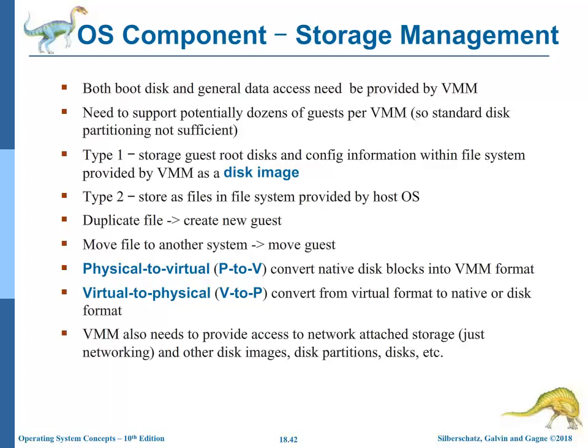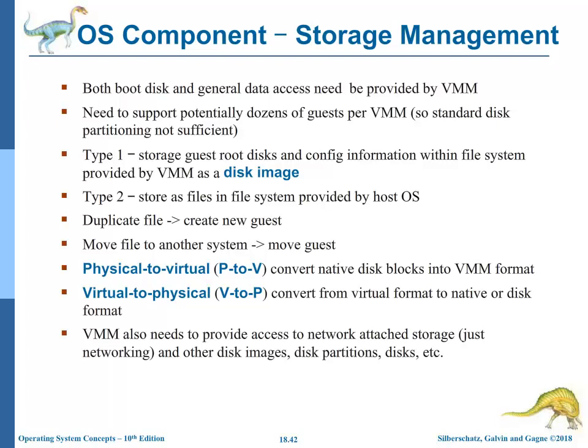Type 1 hypervisors store the guest root disk and the configuration information in one or more files in the file system provided by the VMM. Type 2 hypervisors store the same information in the host operating system's file systems.